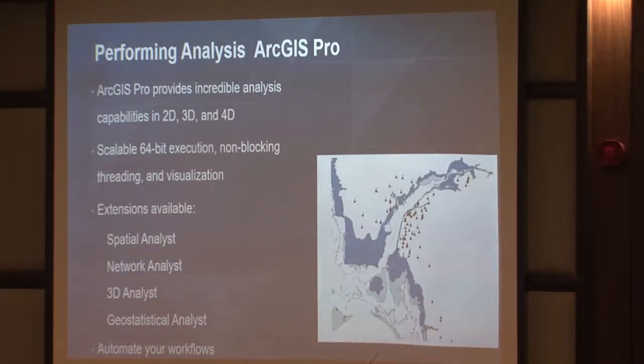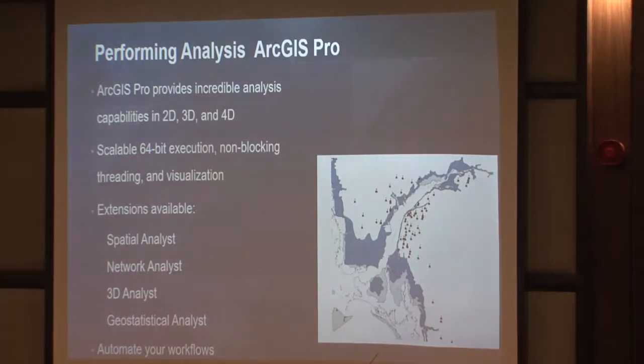The advantage of using ArcGIS Pro is that you can do 2D analysis, 3D, and even 4D analysis within one desktop application. When you're using the other desktop application, you do maybe some analysis in ArcMap. Then if you want to take that analysis in 3D, you have to open ArcScene or ArcGlobe.